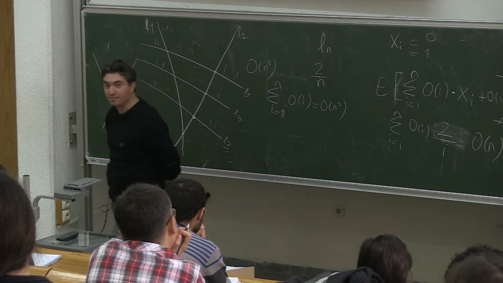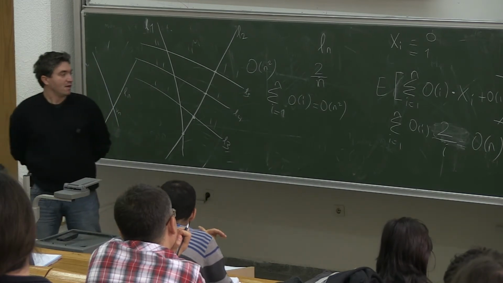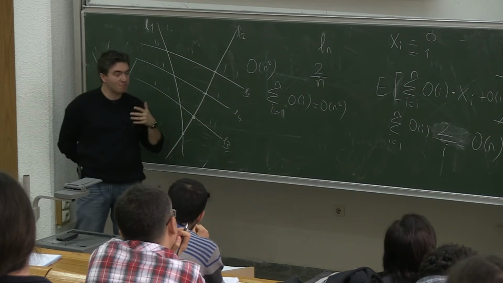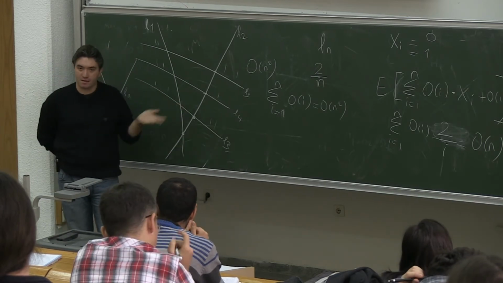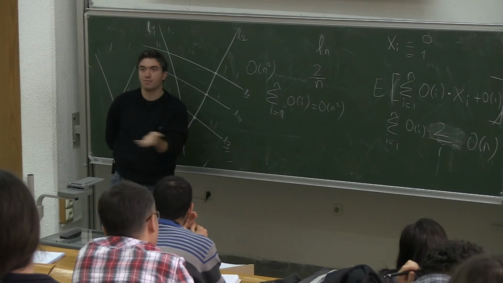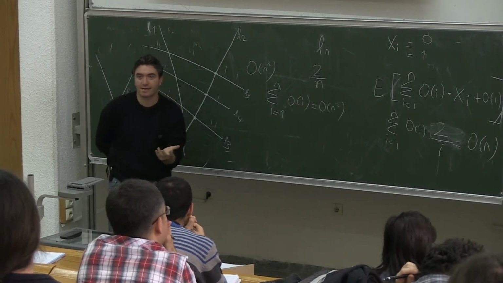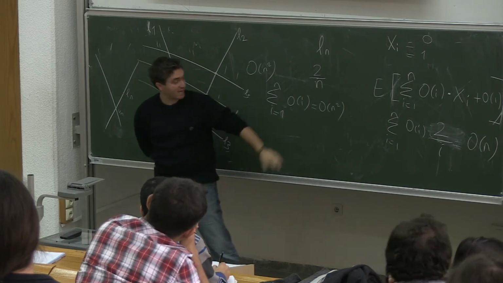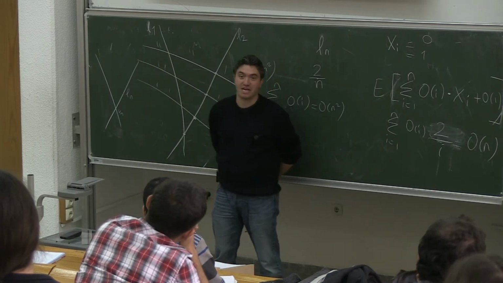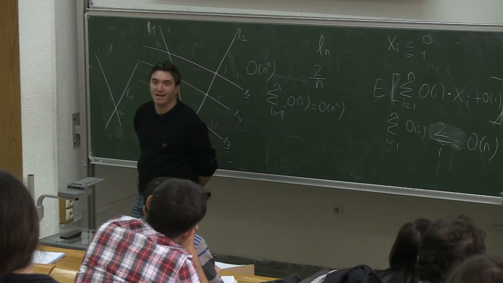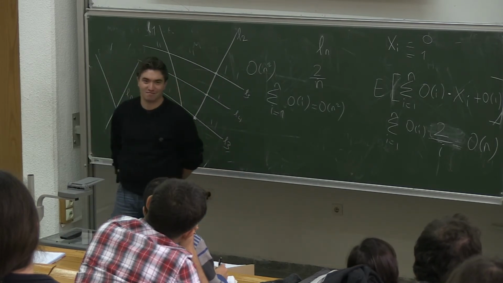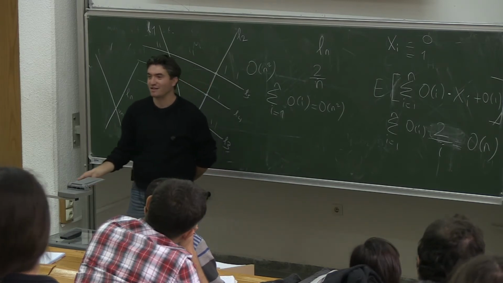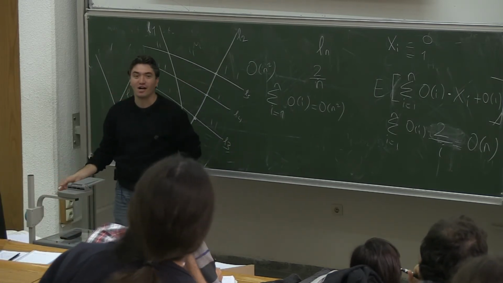So this algorithm shows that, while this case is the worst case, if you just pick a random permutation of these linear constraints, the expected running time is linear. If you implement this algorithm and time it in practice, you will see that it's as fast as linear algorithms.